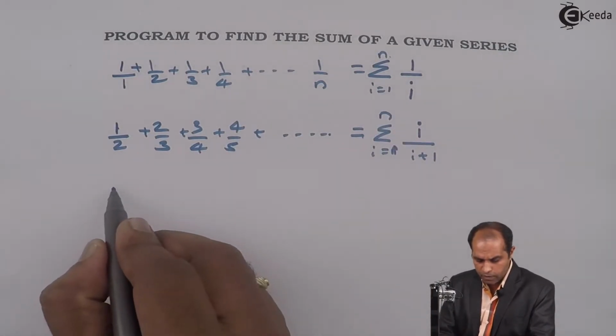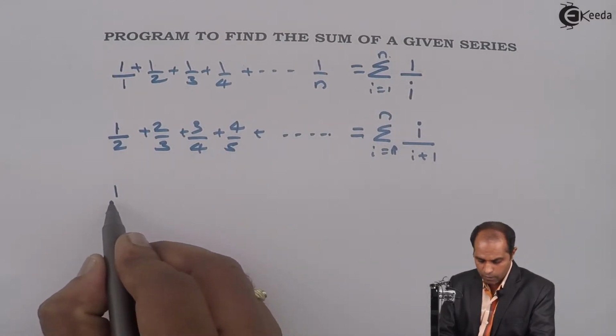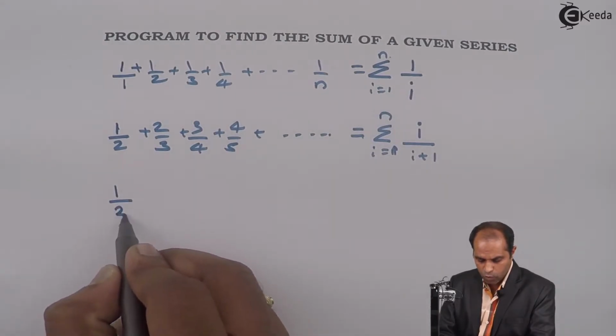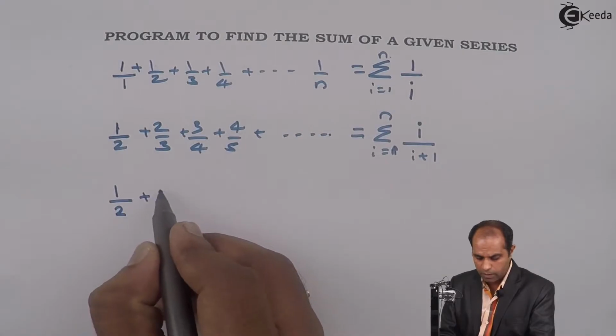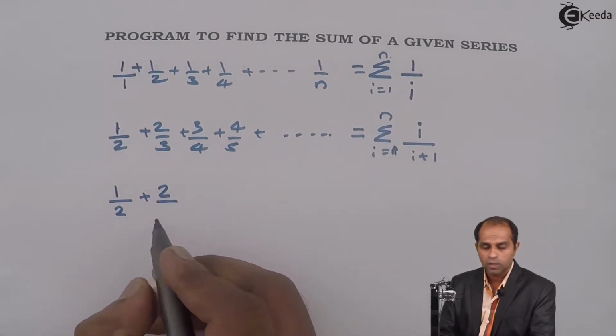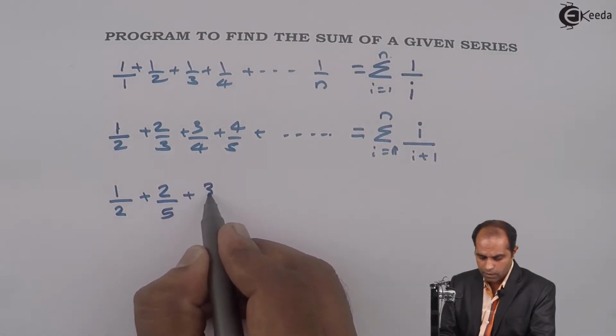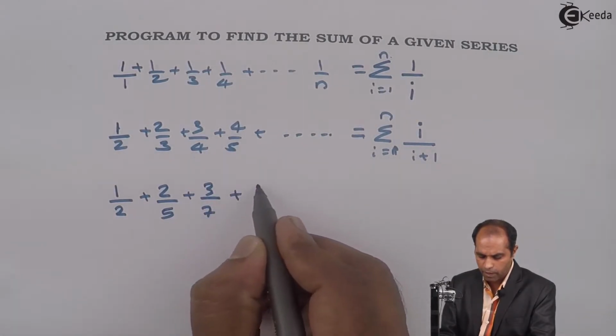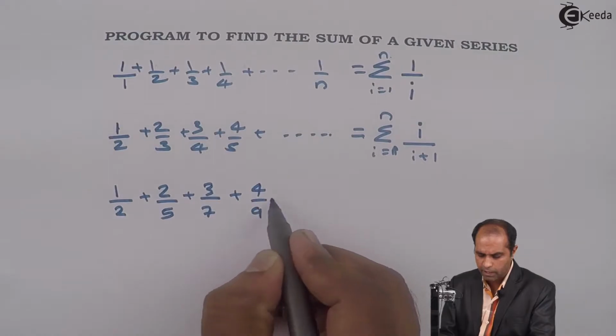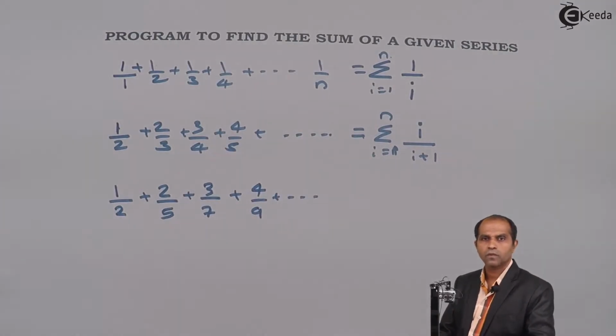Suppose I have a series of this sort, 1 by 2 plus 2 divided by 5 plus 3 divided by 7 plus 4 divided by 9 and so on. How do I get this particular series?